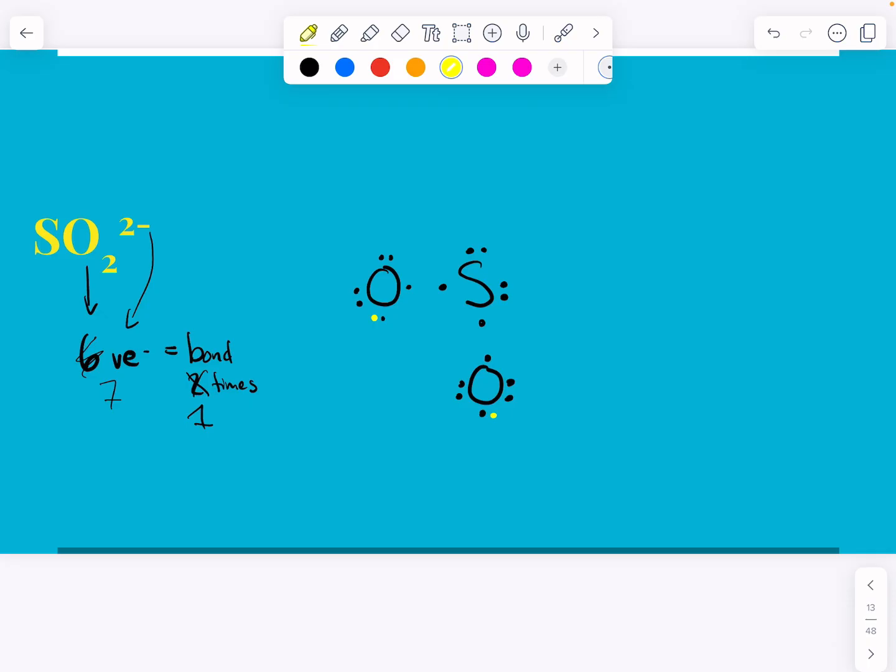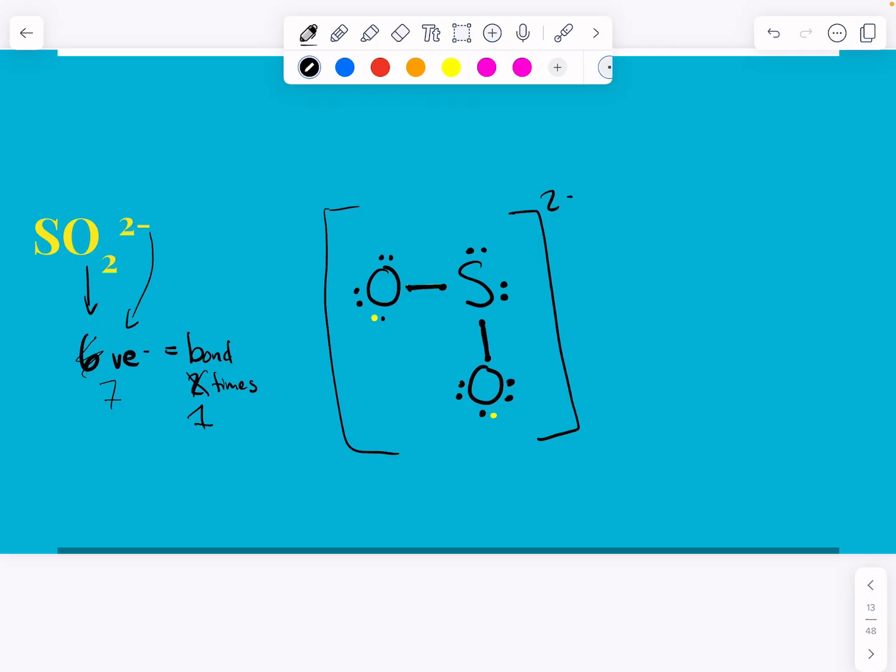We don't give them all to 1. Now, since each oxygen has 7, it's only going to need to bond once. Opposite side, same thing, only need to bond once. This one does have a charge, so for my final answer, I need to show brackets and 2 minus.